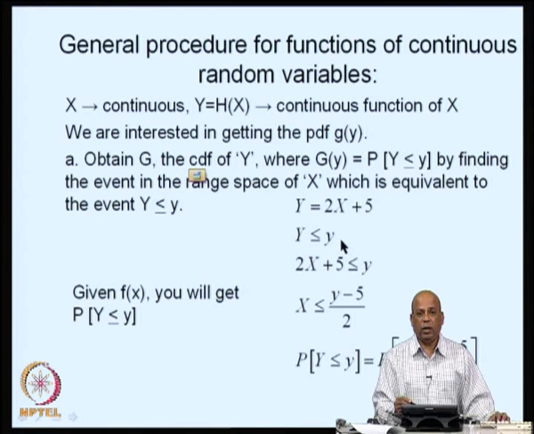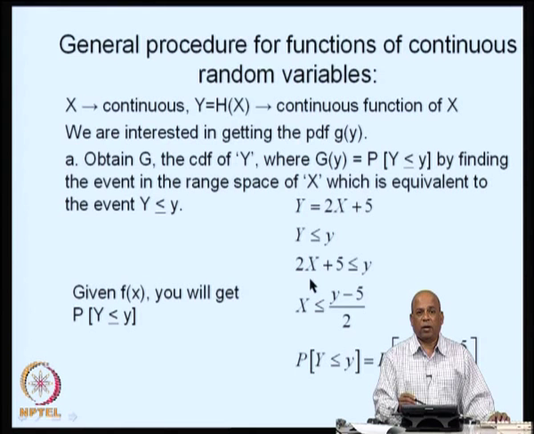Remember, the small y indicates the value that Y takes, and therefore, we can write this as 2x plus 5 is less than or equal to y, and from this we write x is less than or equal to (y minus 5) divided by 2. So, the event Y being less than or equal to y is now written as X being less than or equal to (y minus 5) by 2.